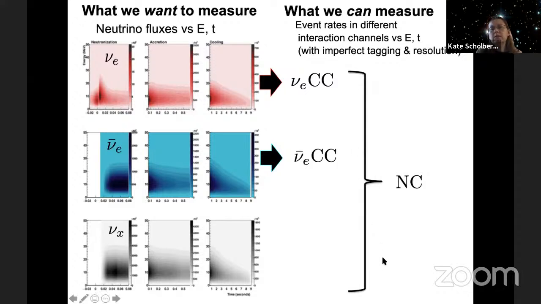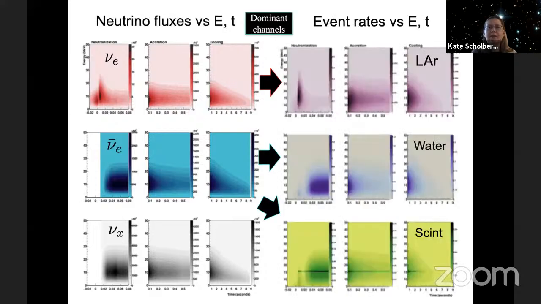All of them are sensitive to neutral current interactions. But in practice, we can't measure with great precision. We're restricted by the physics of the interactions. Not only are the detectors imperfect, with imperfect resolution, but the interactions impose a fundamental limitation on how much information we can get out. And so we have to be as clever as we can to get the best information out.